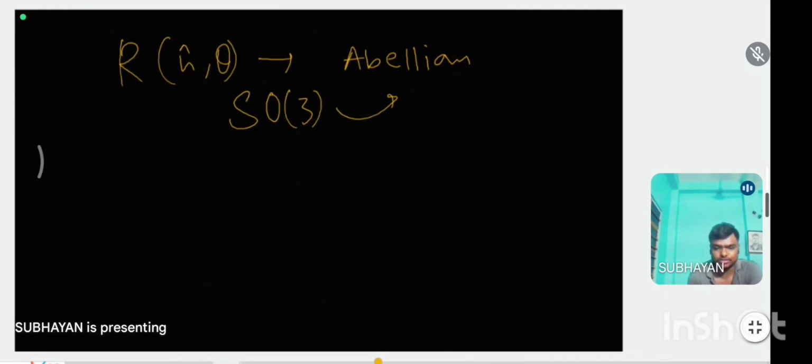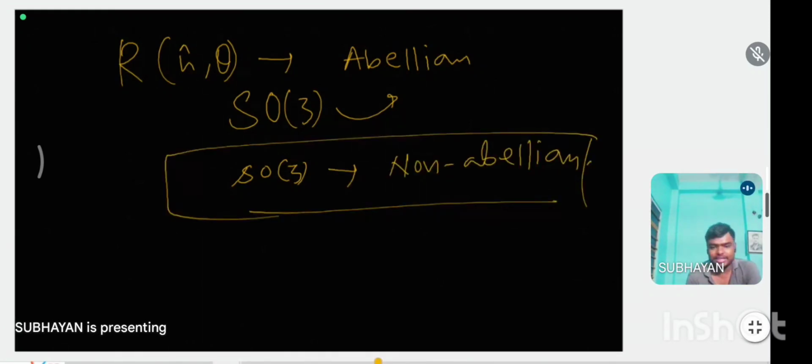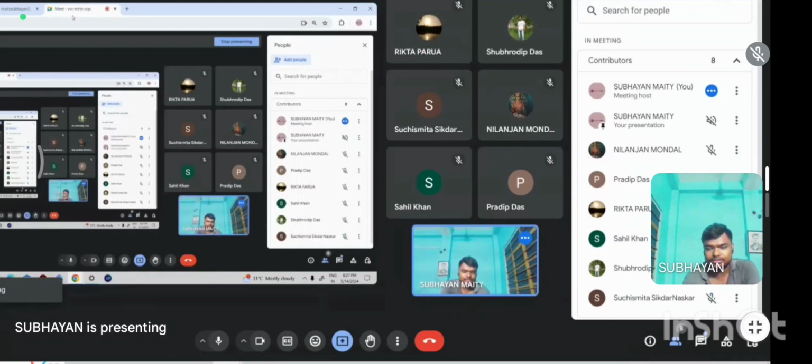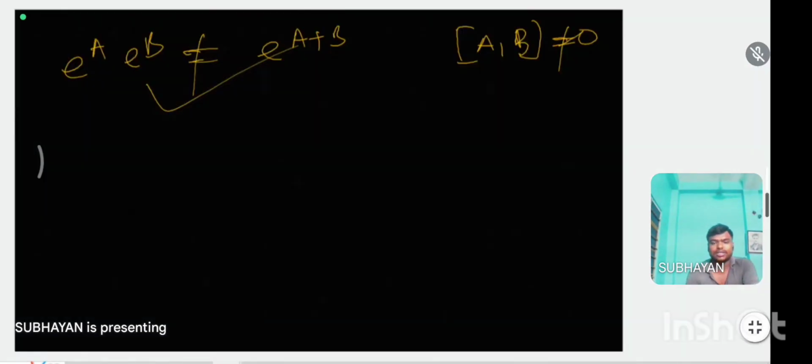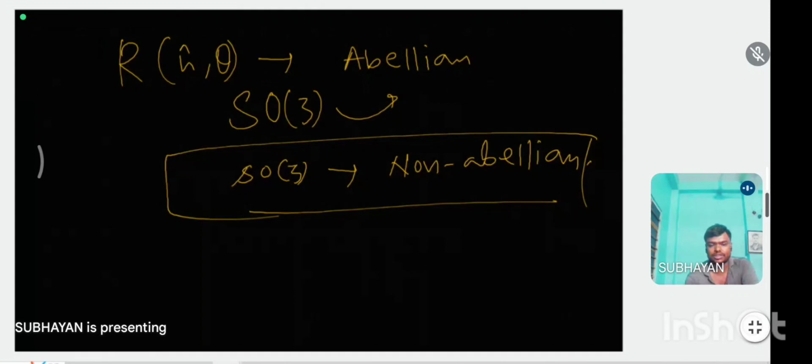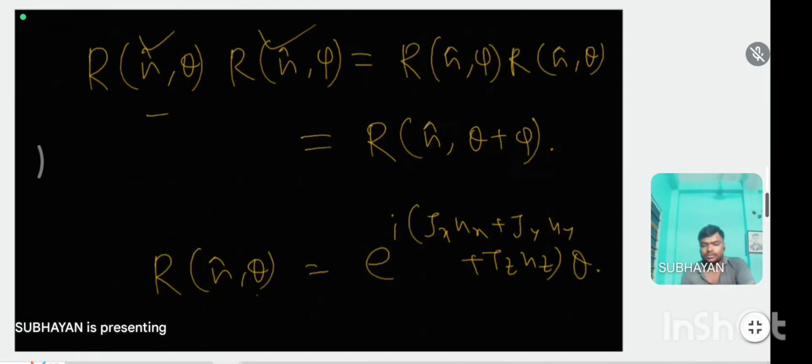But the generators of SO(3), which is small so(3), the generator group of SO(3), are non-abelian. So this makes the topic very interesting: a group which is abelian, but whose generators are non-abelian. How can you interpret this? That must not follow from that.